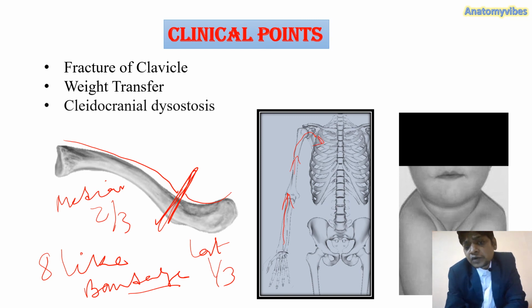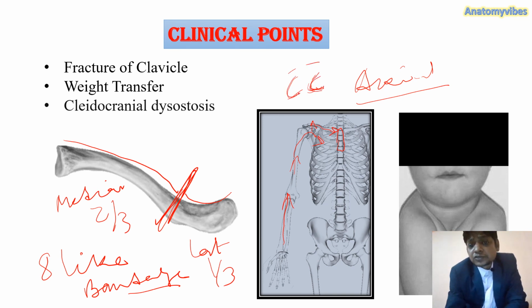From the coracoid process, the ligament is the coracoclavicular ligament. So weight will be transferred to clavicle, and from clavicle it will go to the sternum, that is the axial skeleton. So it helps in weight transfer also through the coracoclavicular ligament. So this ligament is very important in weight transfer.